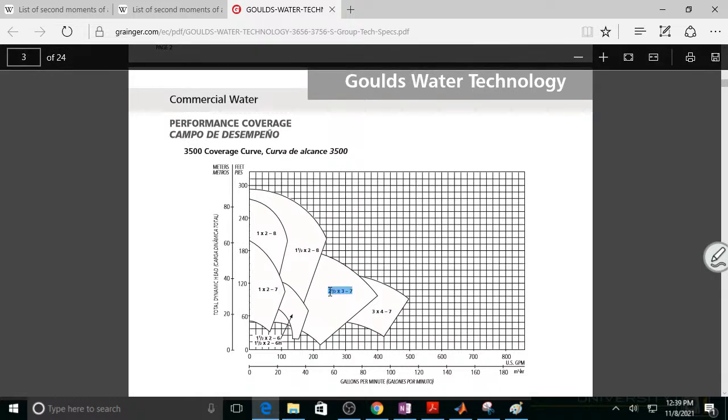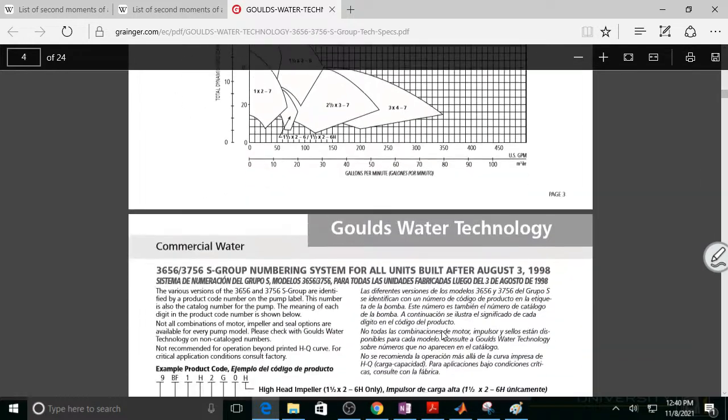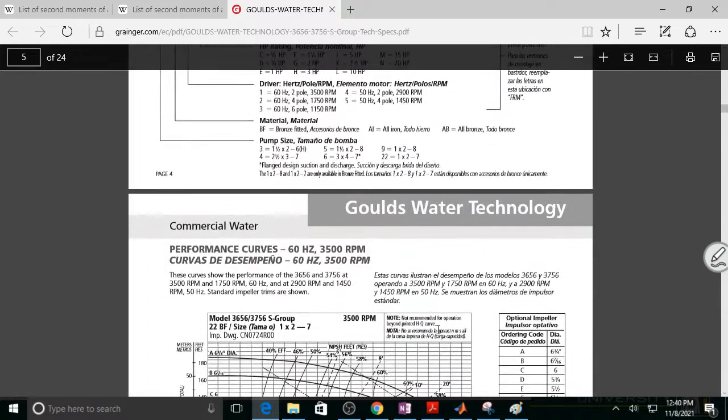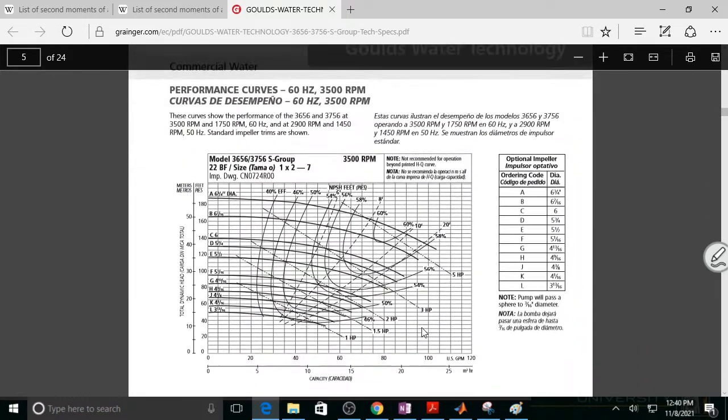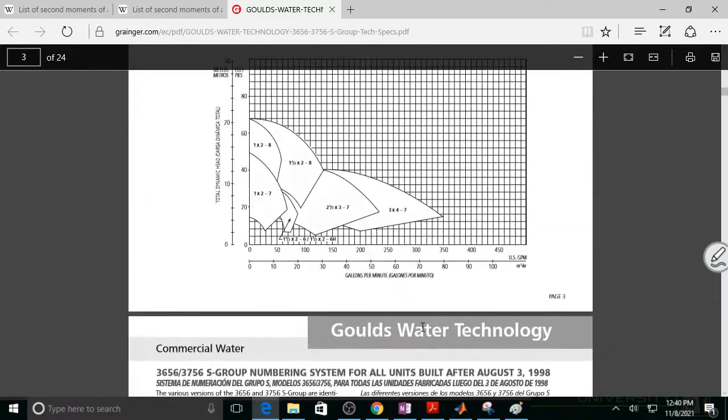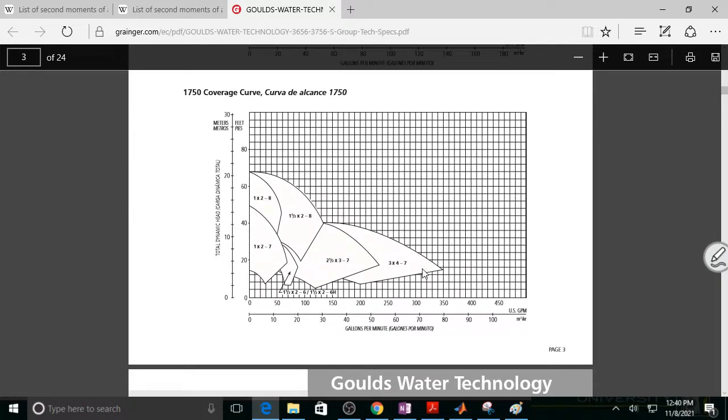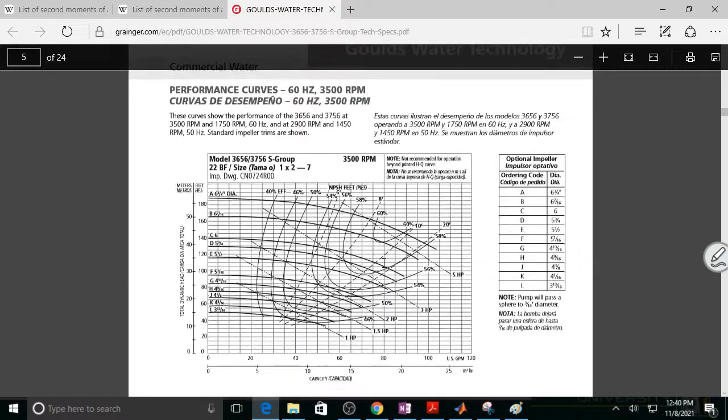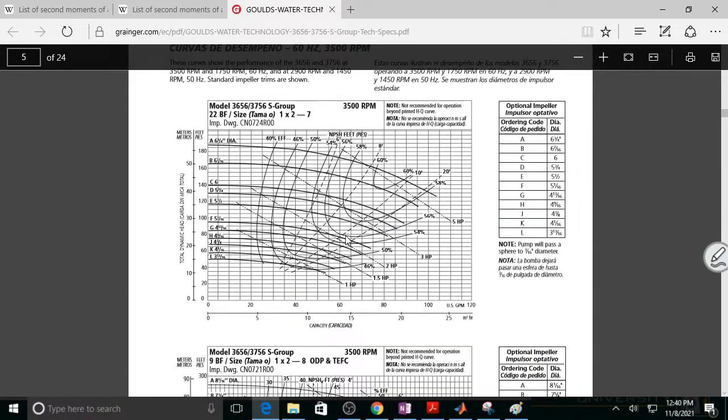Or sorry, that one. If you're over here and you need 400 gallons at like 20 feet of head, you probably need to be using that one. So it gives you some overview, and then you go down to the actual pump curve. You notice the diagram has a sort of arc down to the right, and it covers all this. Well, this is a zoom in of each one of the different pumps.